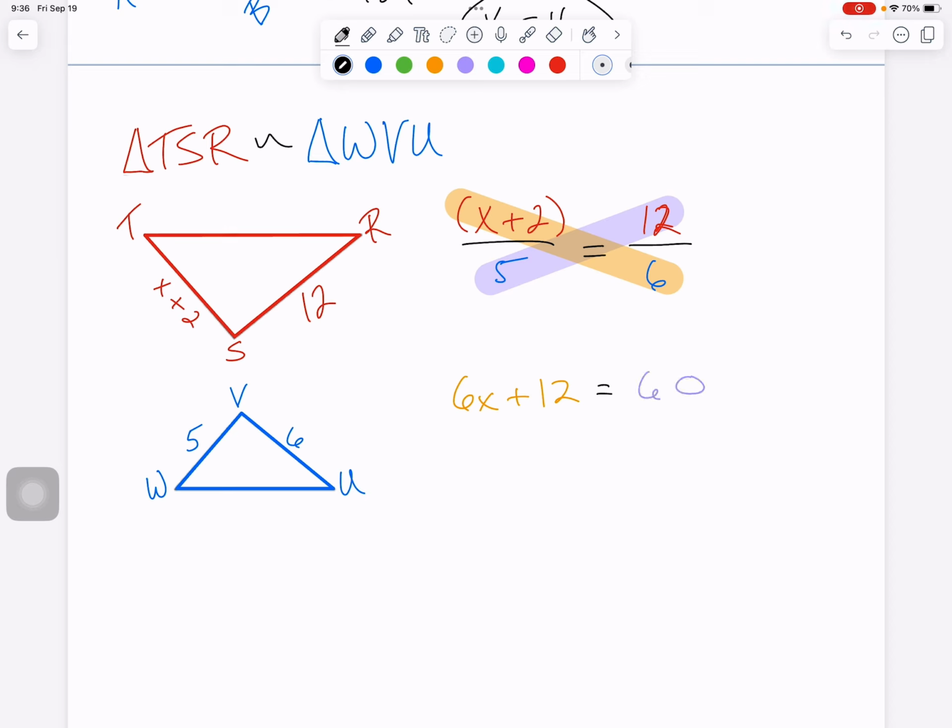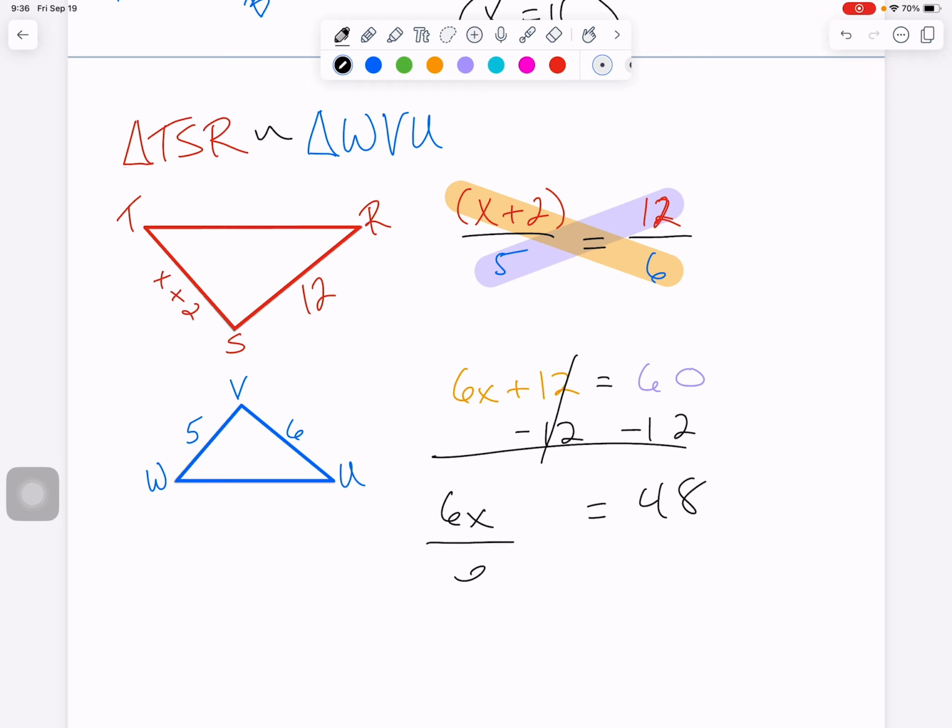From here, we just simply solve. Minus 12, minus 12. Bring down your 6x, cancels out, equals 48. We will simply divide each side by 6, giving us x equals 8.